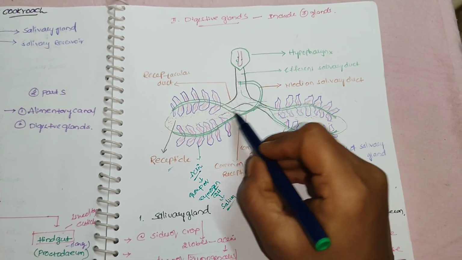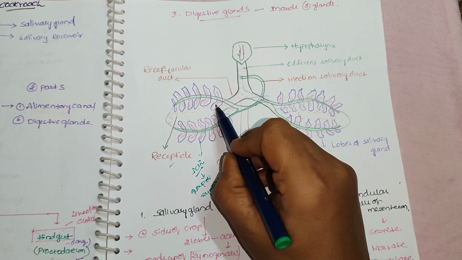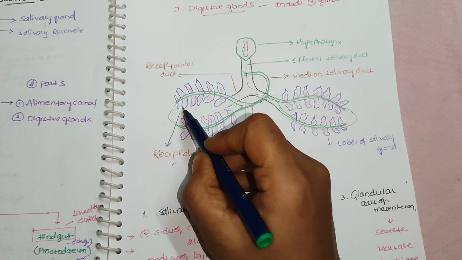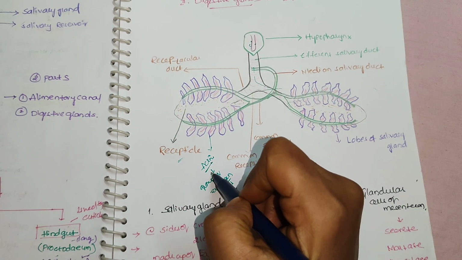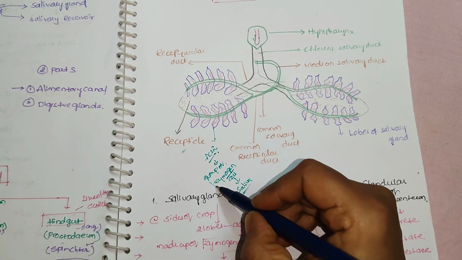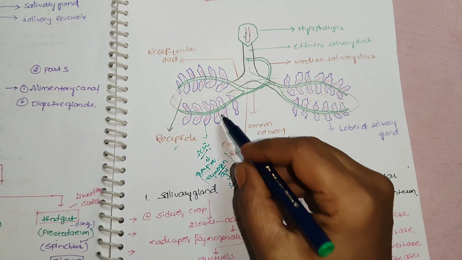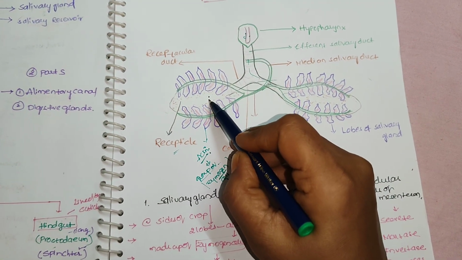One pair of salivary glands is present. It has 2 lobes. Each lobe contains many lobules, called acini. The acini means the group of zymogen cells. These zymogen cells secrete saliva that is stored in the receptacle.